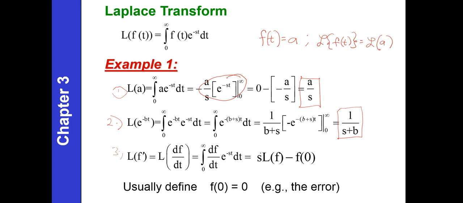That will become s L{f} minus f(0). If the initial value here is 0, so automatically your answer is s L{f}. Usually we define f(0) equal to 0, so the answer here is s L{f}.